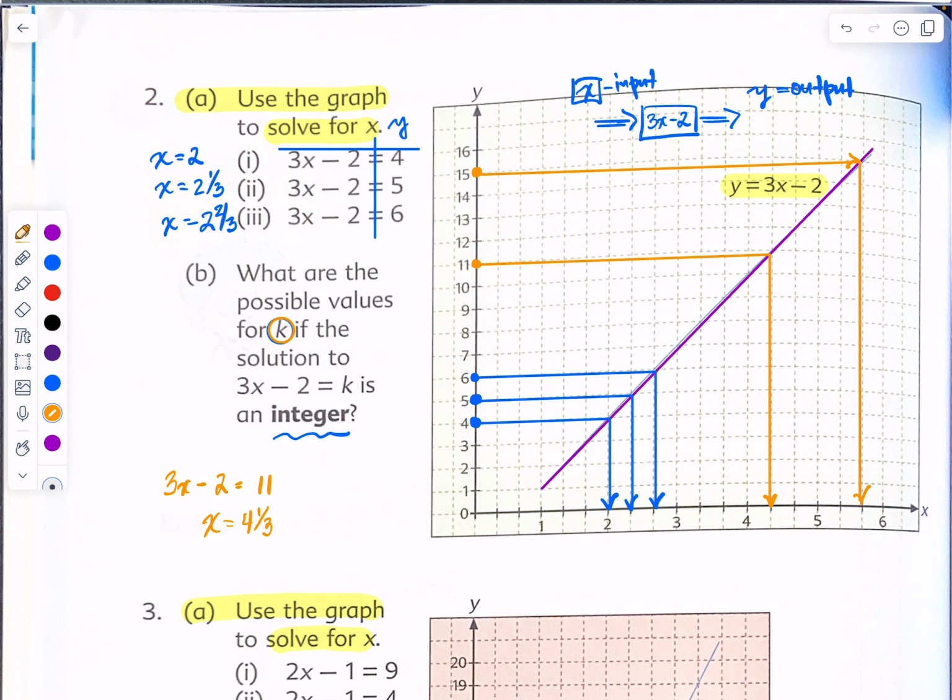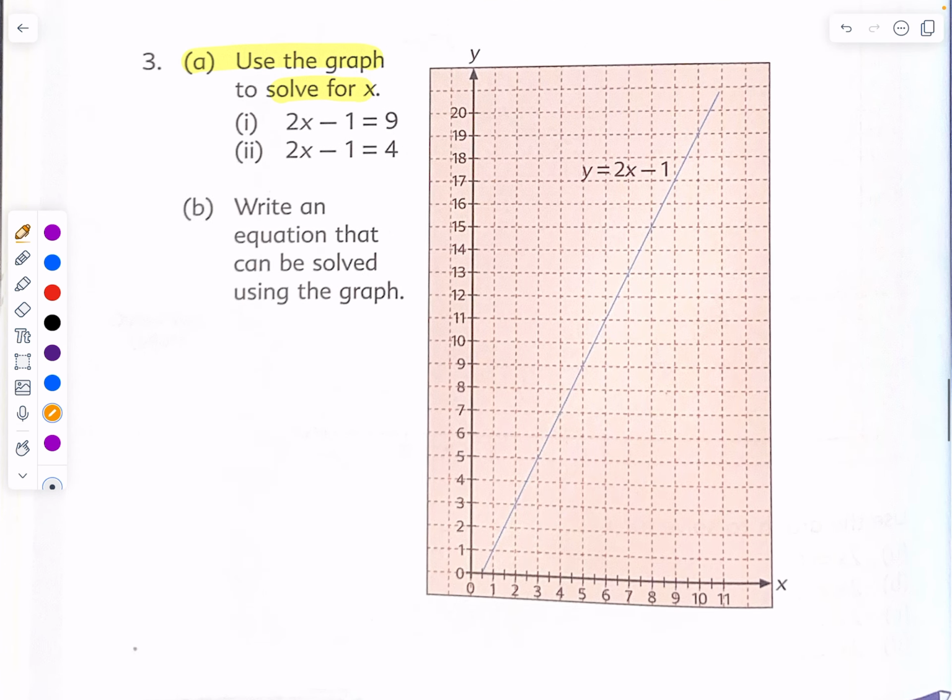Well, if 3x minus 2 equals 15, we know x must be 5 and 2/3. Notice, my friends, how we're using a graph to solve equations. In other words, we solve equations with a graph, not algebraic manipulation.